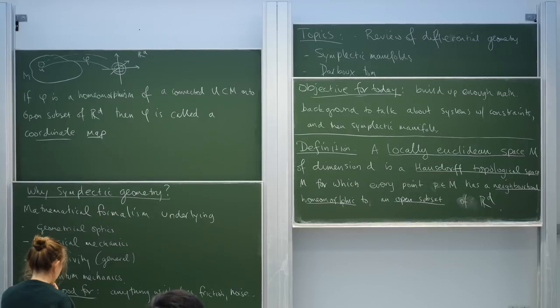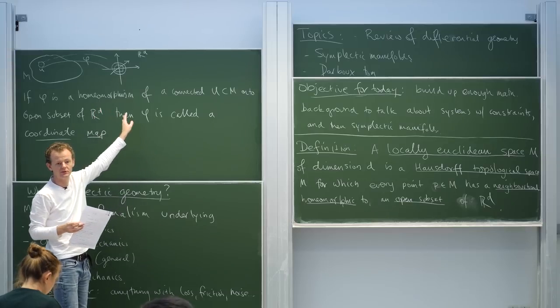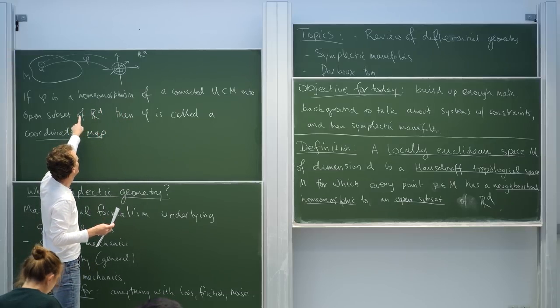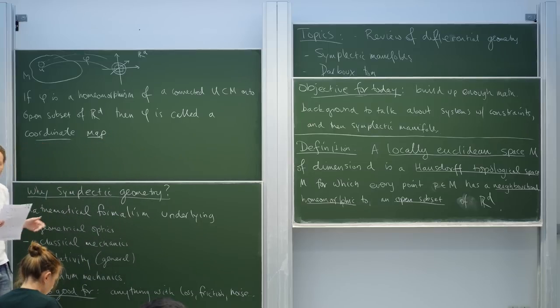So if we have this map that takes this region around this point P to R to the D, then that map has got to be a thing called a homeomorphism. It's a continuous map with a continuous inverse, and it's called a coordinate map. So that's how we call these things.